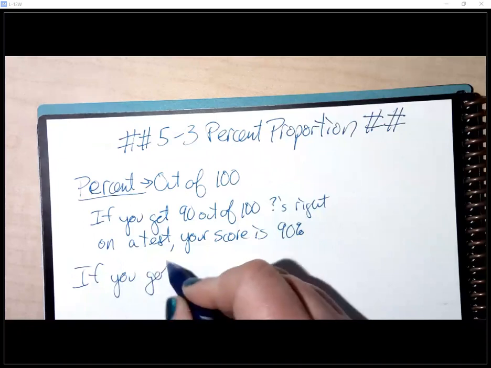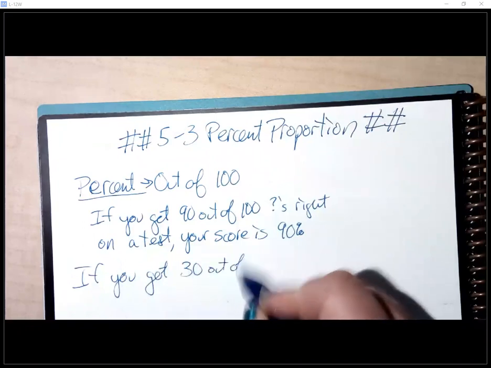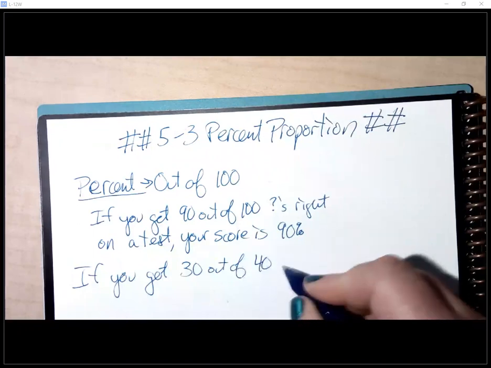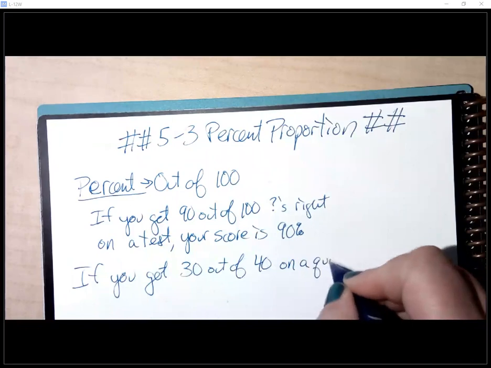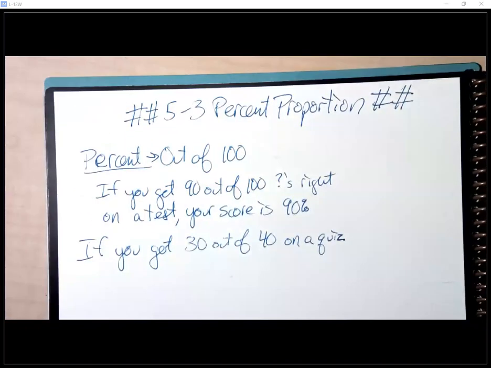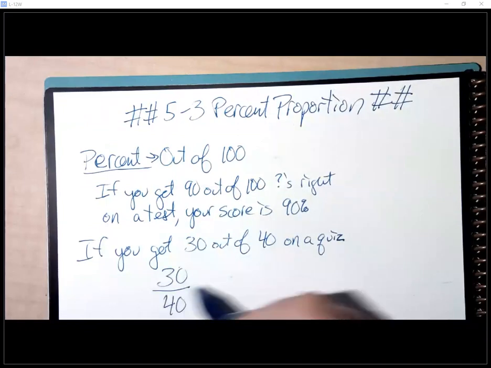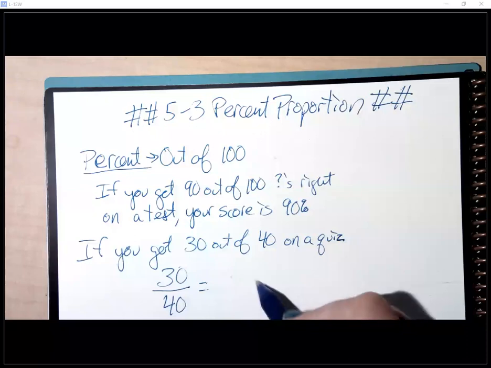So let's just say you got 30 out of 40 points on a quiz. How can I figure out what that is as a percent? 30 out of 40 equals how much of a percent? How do we do that?